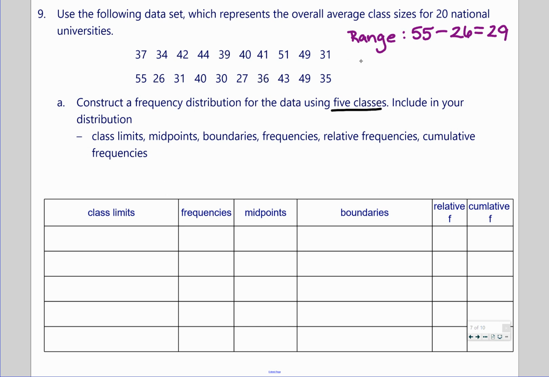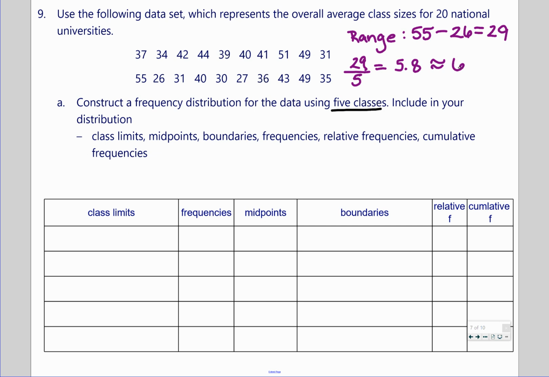So then we're going to take our range, divide it by how many classes we have, and then you always, no matter what this number is, round up. We're rounding up, so we make sure that eventually all of our data is going to fit in the class limits that we create. So 29 over 5 is going to give me 5.8. So if I round that up, even if it was 5.1, I would round it up to 6. So that's how many data values are going to be in each of our classes.